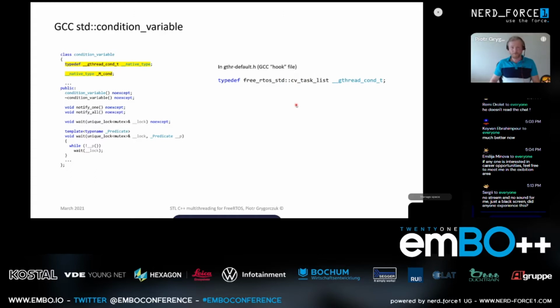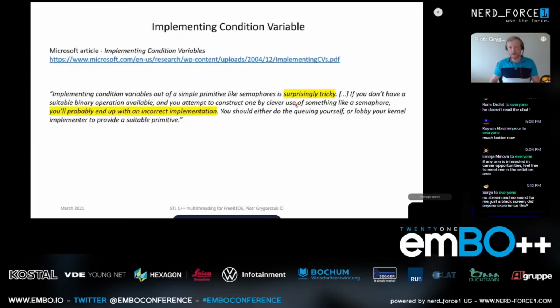I tried to implement the condition variable myself, and I found it not so easy as I thought. Then I found this interesting article. It's not so long, just a couple of pages, but it's a nice study by Microsoft engineers of how they tried to implement the condition variable.